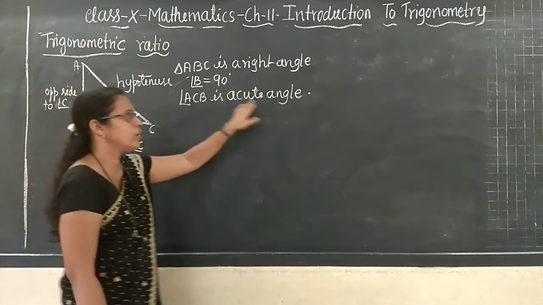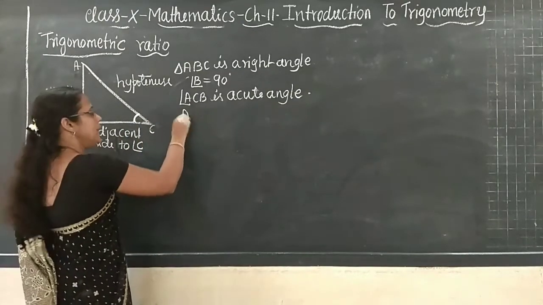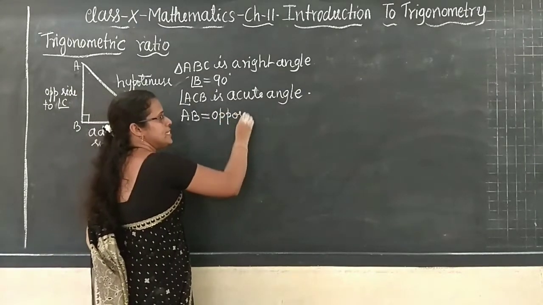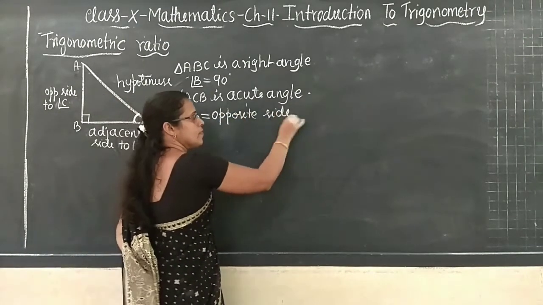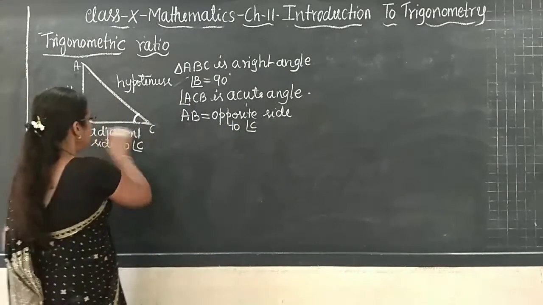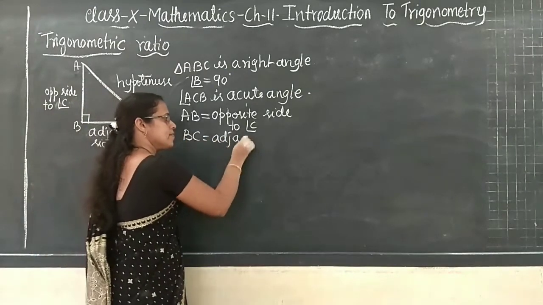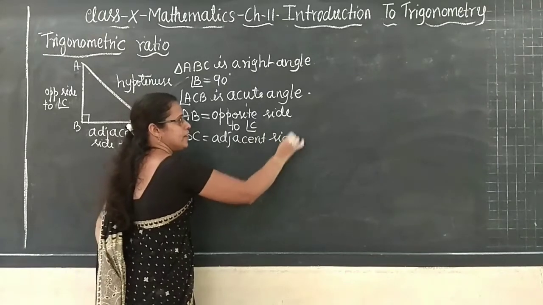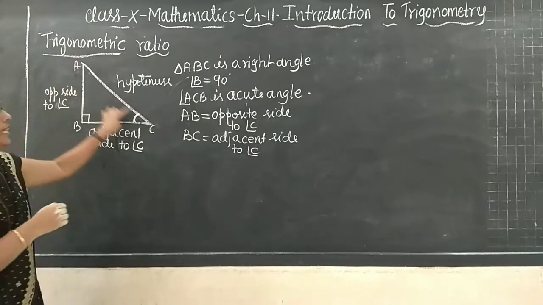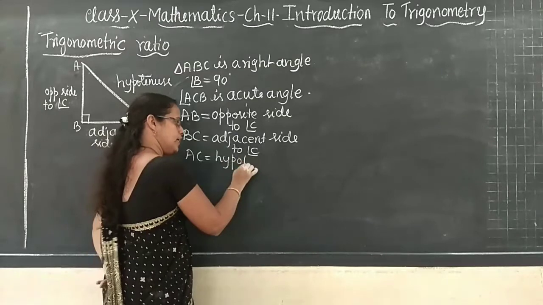If angle C is an acute angle, then AB is the opposite side to angle C, BC is the adjacent side to angle C, and AC is the hypotenuse.